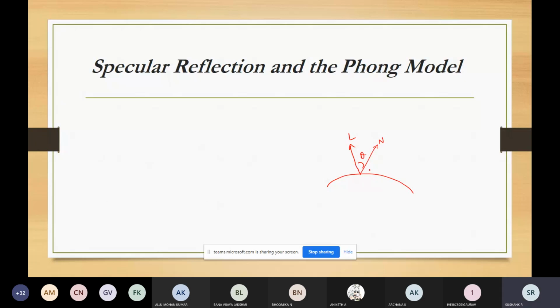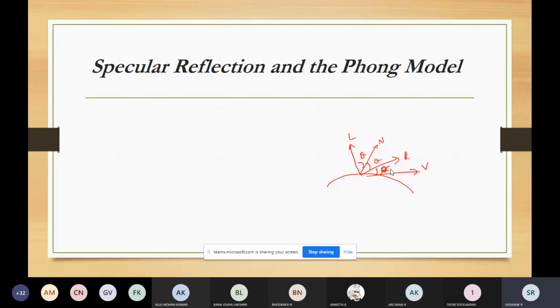We have vector R, the angle between them, and vector V, and the angle between them. Here we are talking about the specular reflection, or we'll call it the Phong model. So, specular reflection and the Phong model.